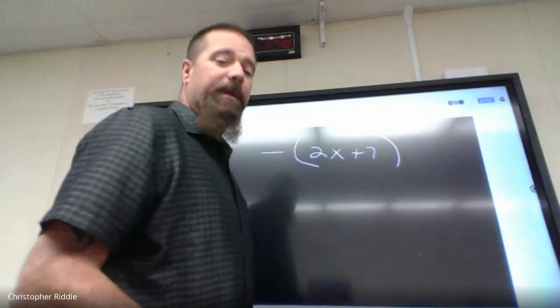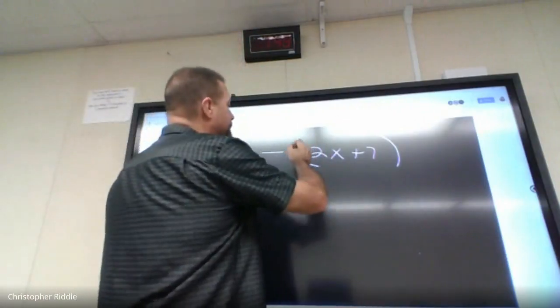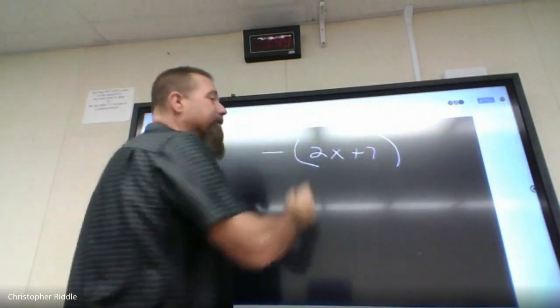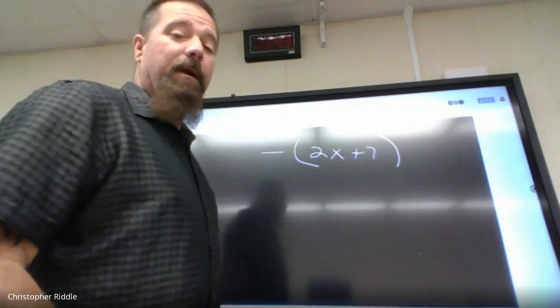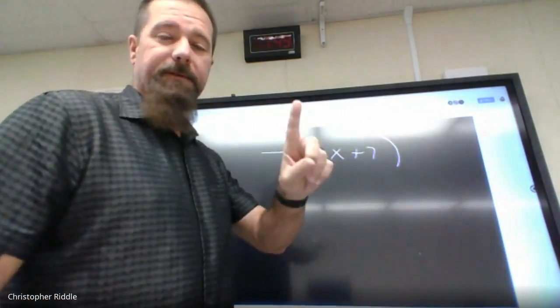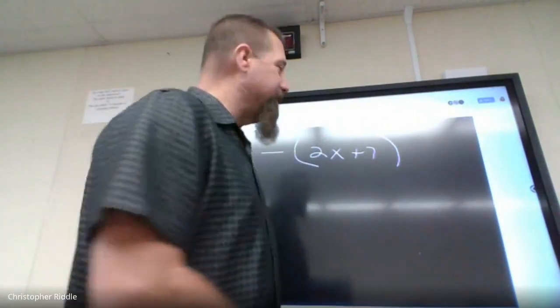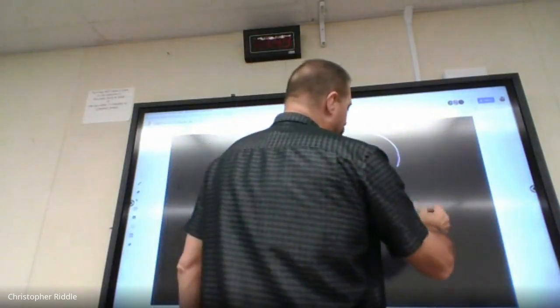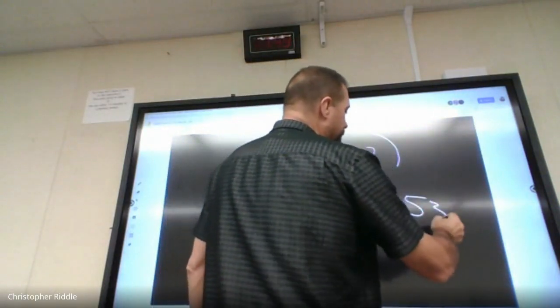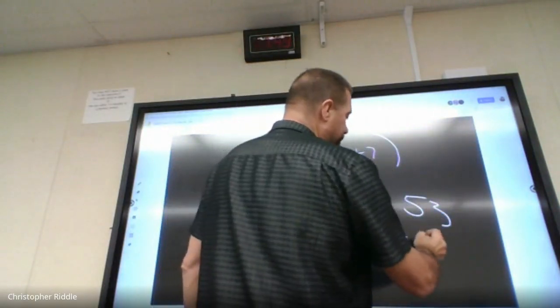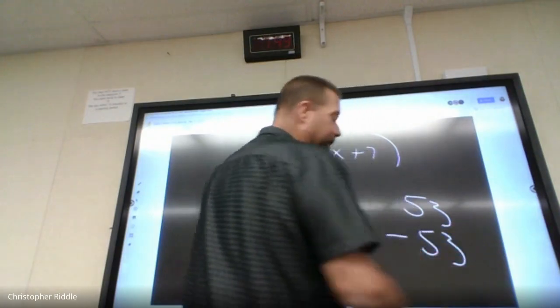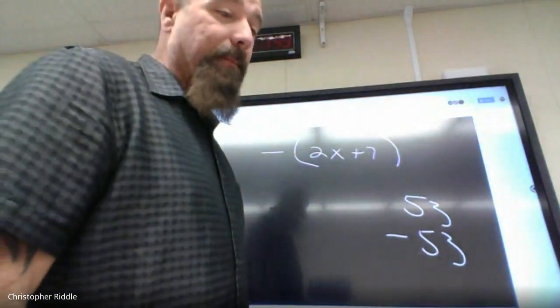Okay. This is really no different. Anytime there's a number outside, we're going to multiply through. If there is just a negative sign, we're always going to assume there's the number 1 there. The inverse is the opposite. So the inverse of 53 is negative 53, right? Yeah.